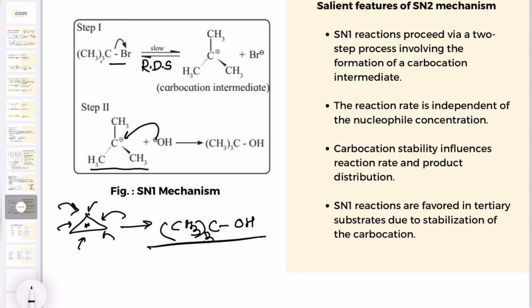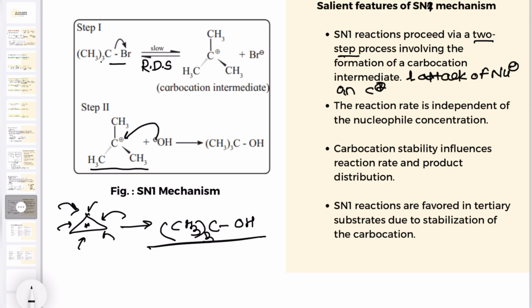What are the salient features of the SN1 mechanism? SN1 reaction proceeds via 2 steps. It is a 2-step process involving the formation of a carbocation intermediate and attack of nucleophile on the carbocation.